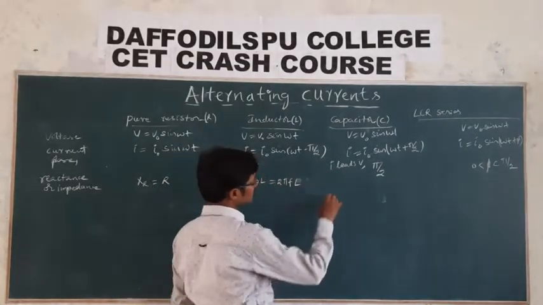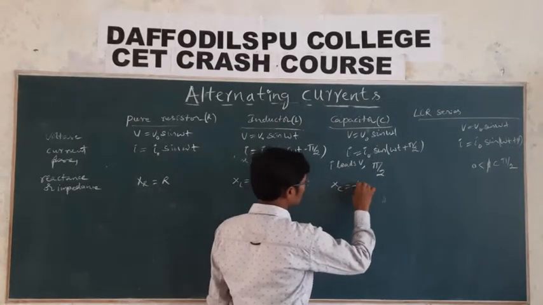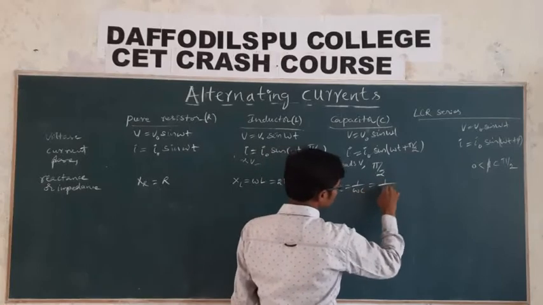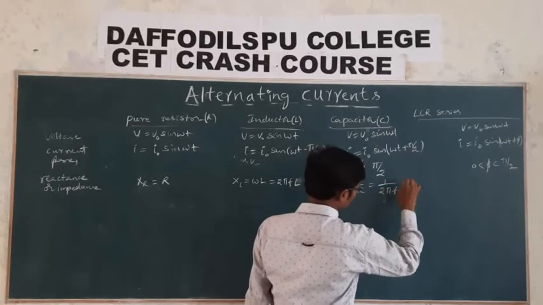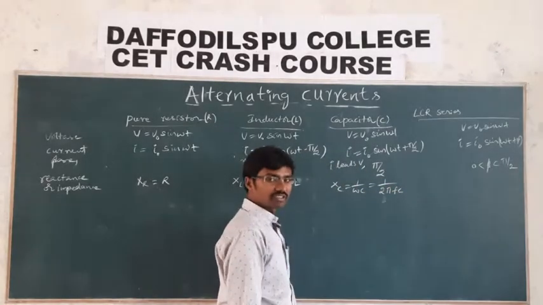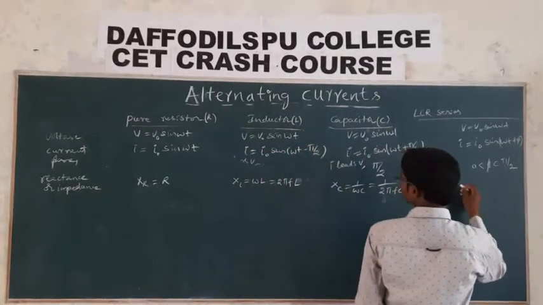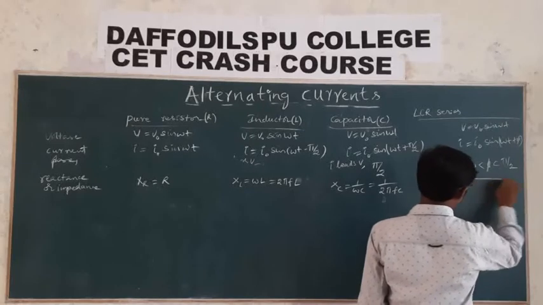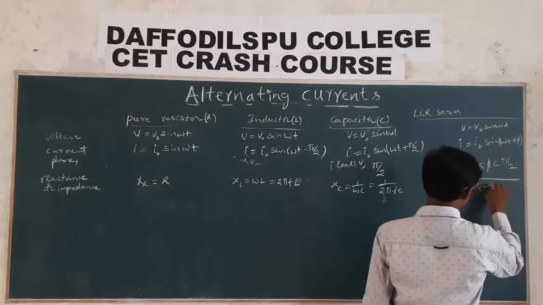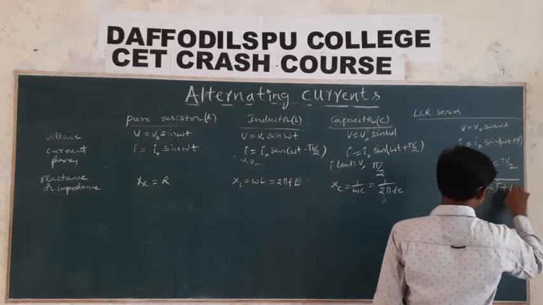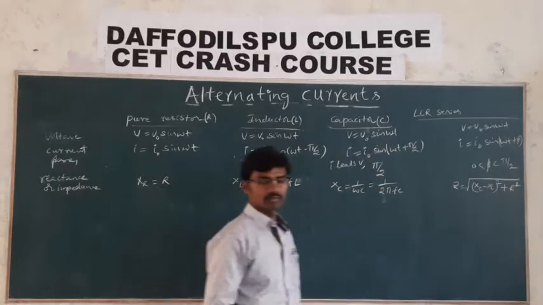Whereas for the capacitor circuit, XC is equal to 1 by omega C, that is equal to 1 by 2 pi f C. f is the frequency of AC, whereas for this one, Z is equal to root over (XC minus XL) whole square plus R square.